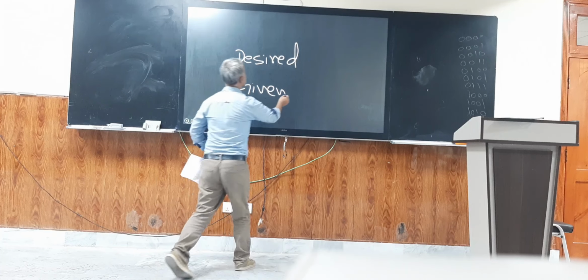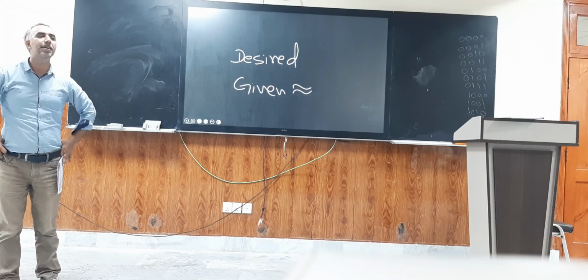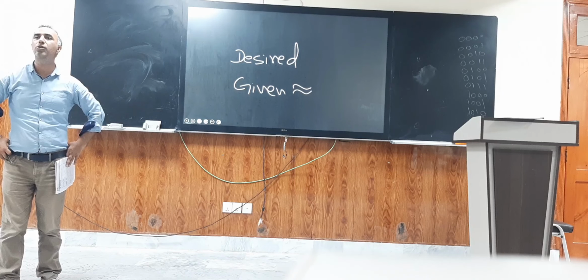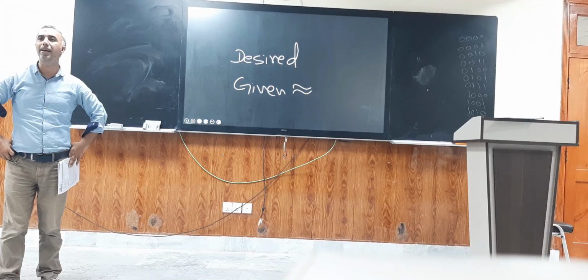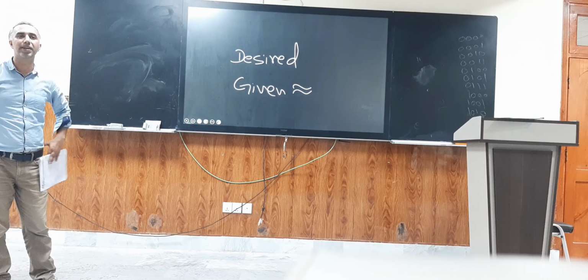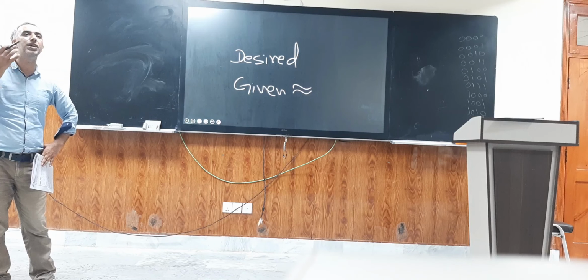So, you want to equalize both of them. Desired: you want to improve yourself in order to achieve the given target. Given is kind of a target, desired is some kind of a wanted. Whatever you want, you need to make it maximum in order to reach the target.